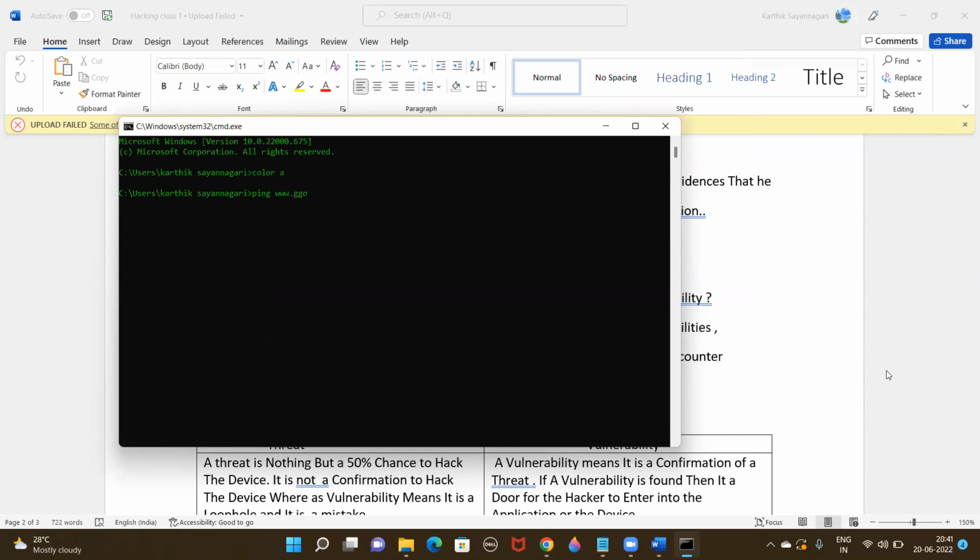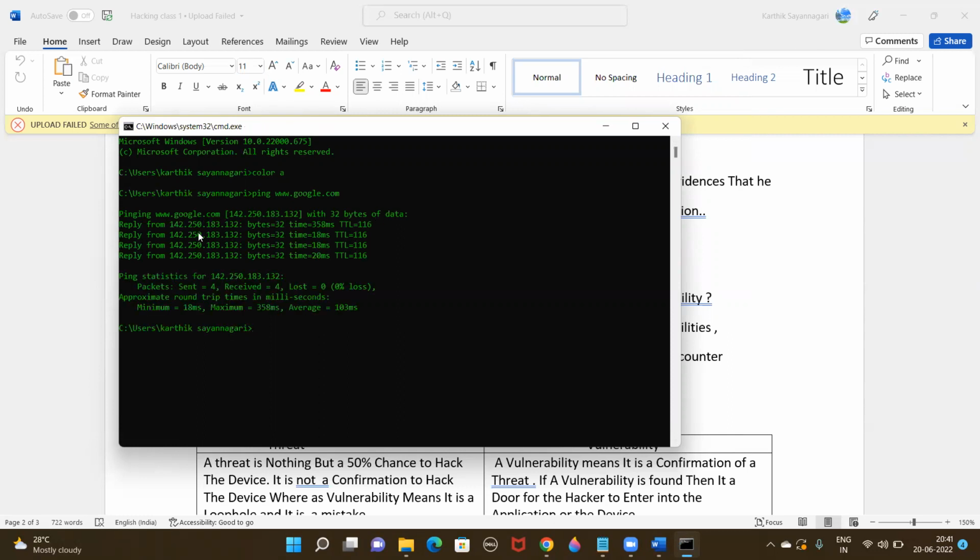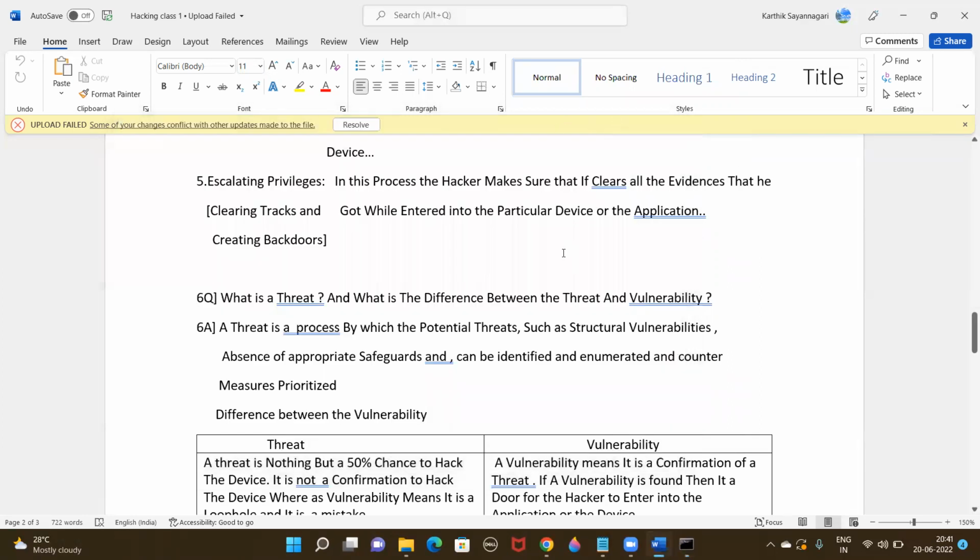See, www dot, I need to know the IP address of this. See, the reply from Google. So this is the main IP address of Google. Okay, so I am able to hack once I know the IP address of such websites.